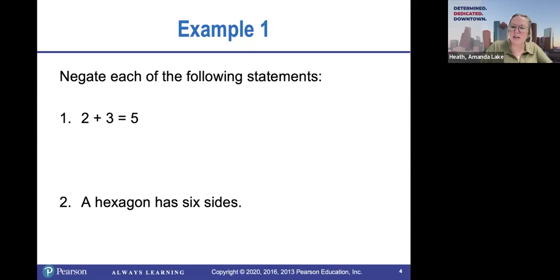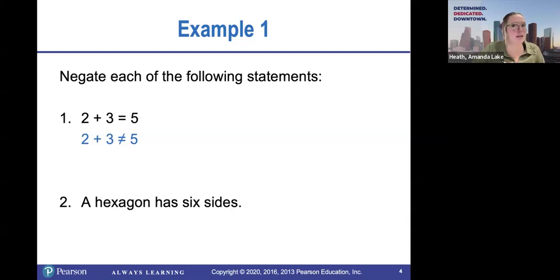Now, one thing to be careful about when we negate statements is that we want to have the complete opposite of the statement that we have claimed here. So we want to cover all the other cases. So 2 plus 3 equals 6 is a false statement, but it's not the negation of 2 plus 3 equals 5. So the negation of this statement would actually be to say instead that 2 plus 3 does not equal 5.